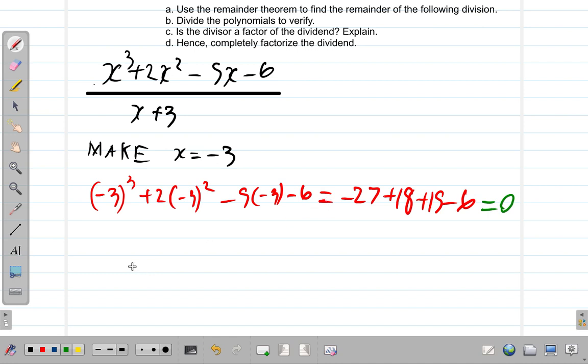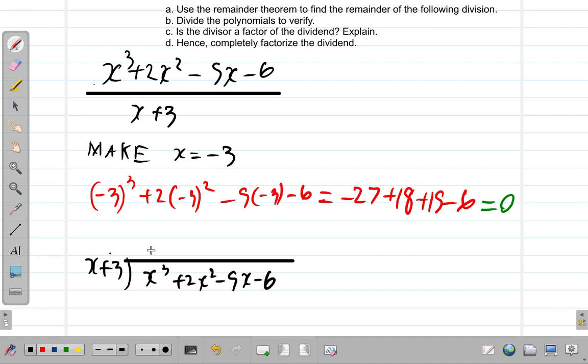Now, we want to just do a division to verify. We could try the long division. So we have x plus 3 into x cubed plus 2x squared minus 5x minus 6. x into this goes x times; x times that is x squared times x, x cubed, plus 3x squared.